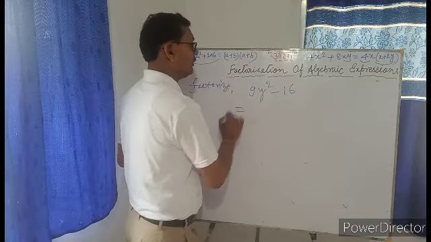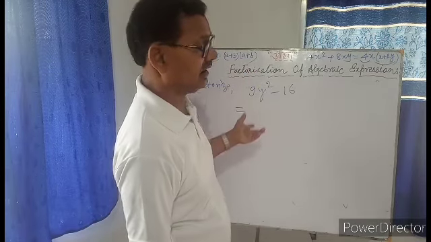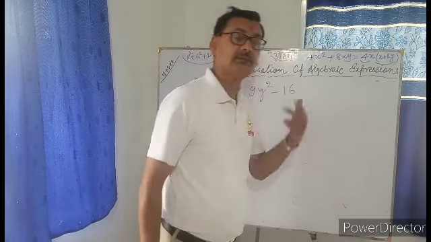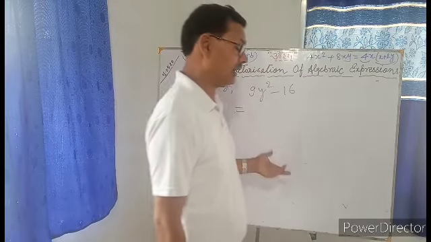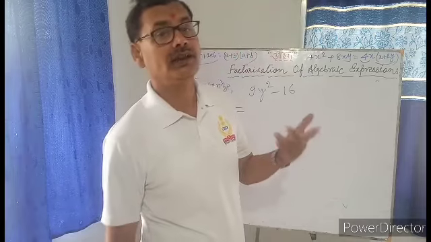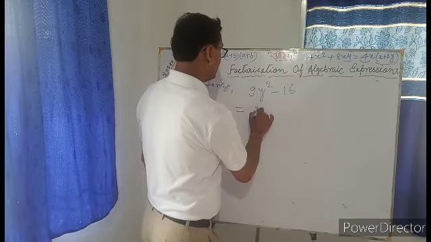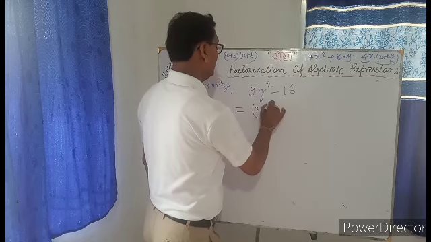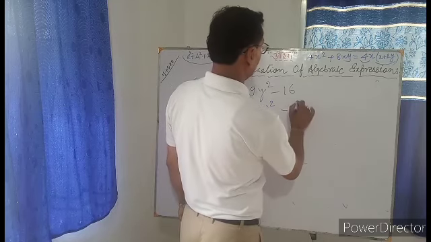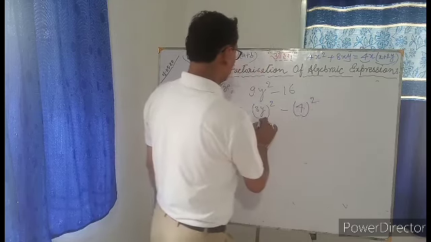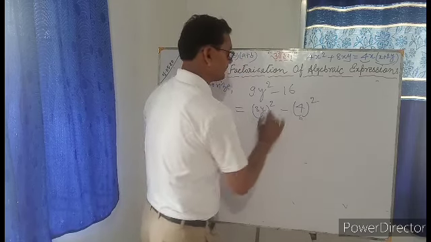This is based on the identity a square minus b square equals (a plus b) into (a minus b). Here a square can be written (3y) whole square, and b square can be written 4 square. This is a, this is b.